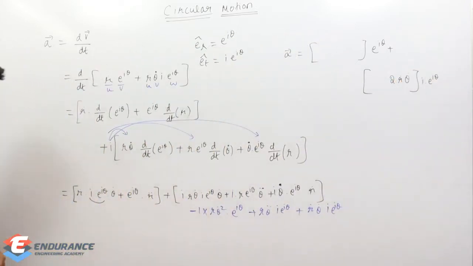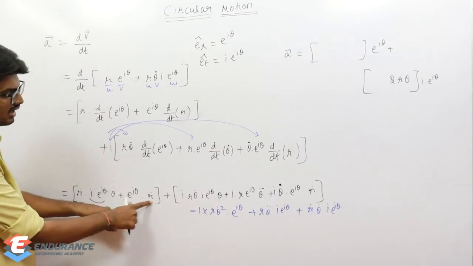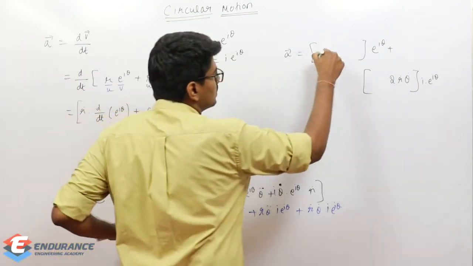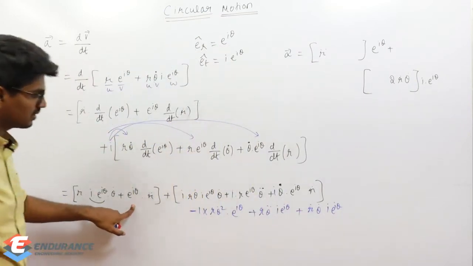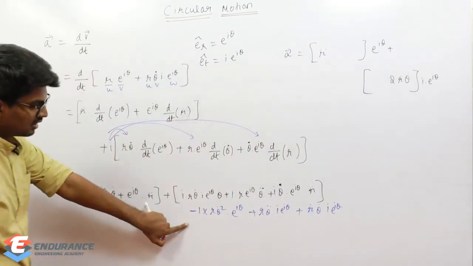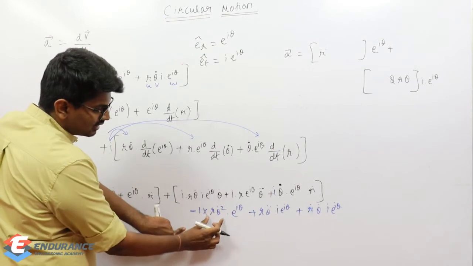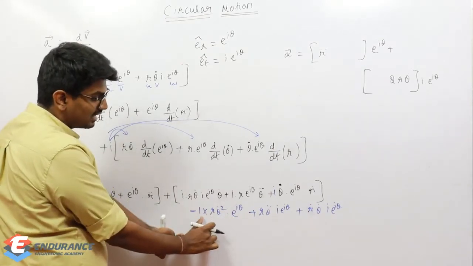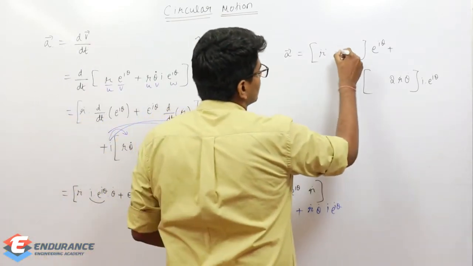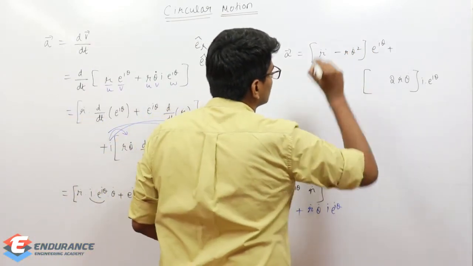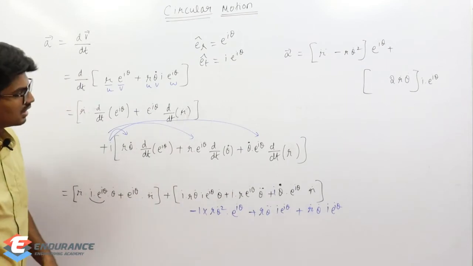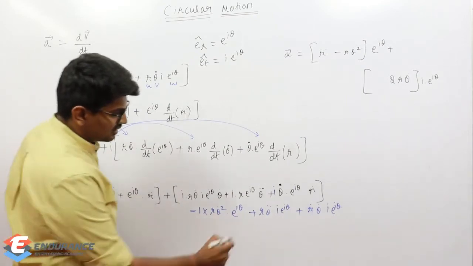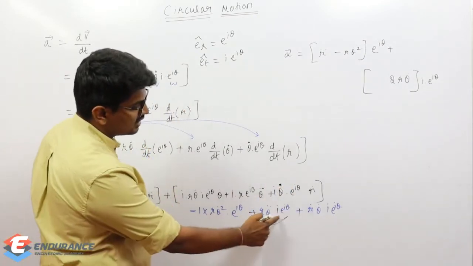Okay, next, this is e power I theta into r double dot. Next here, e power I theta, this is going to be minus r theta dot square. Finally we have this I into e power I theta.